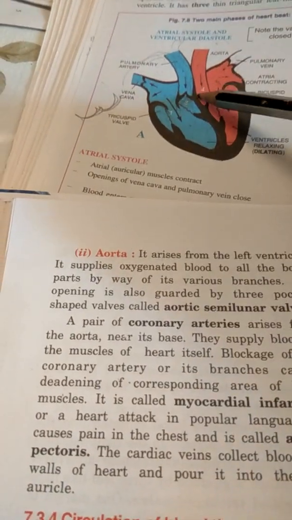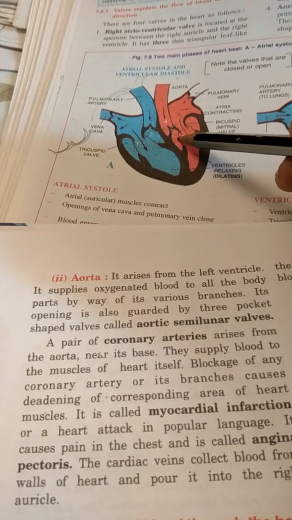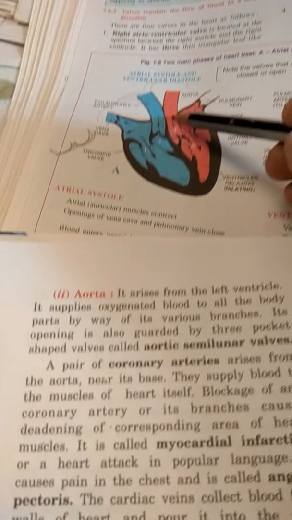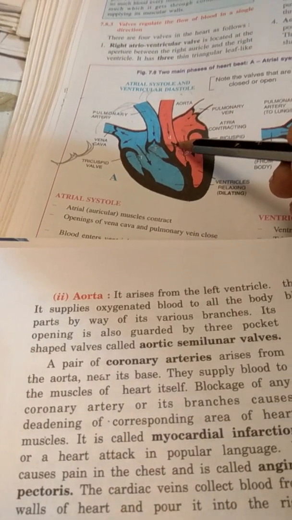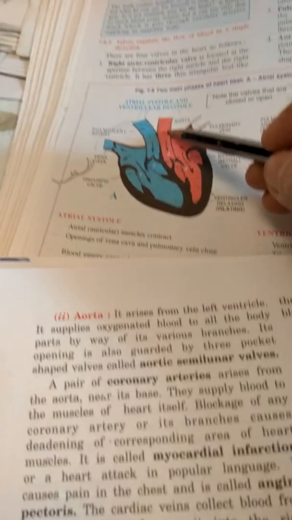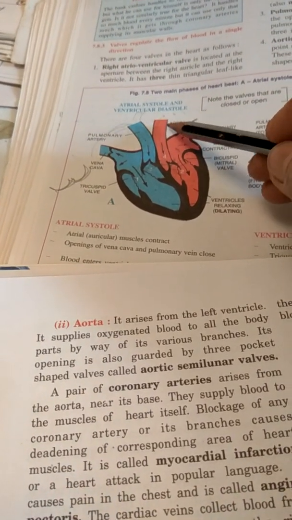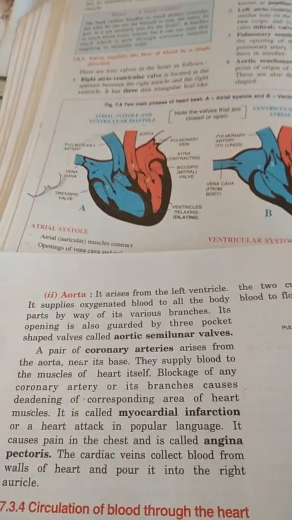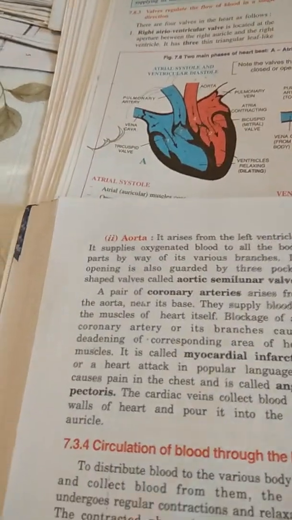These valves allow the blood to flow in one direction. When it moves from the ventricle into the aorta, the backflow will not take place. These valves will close and prevent the backflow. This is aorta, the biggest artery in the human body. It will leave the heart, break up into many branches and provide oxygenated blood to all the body parts.